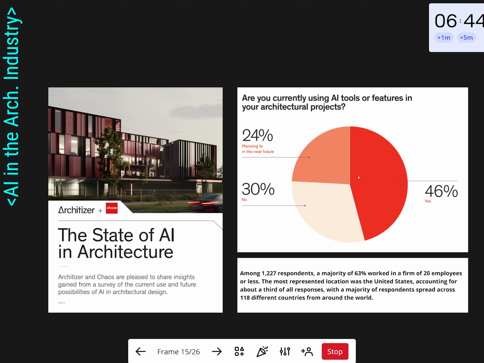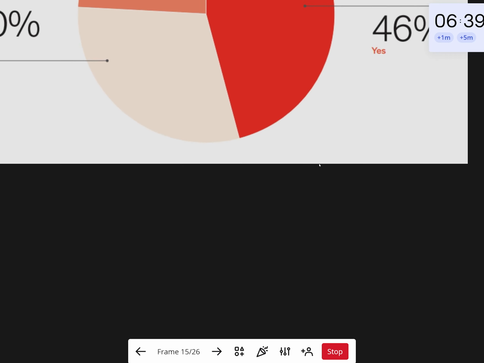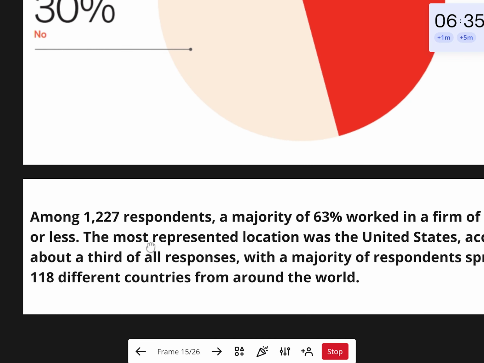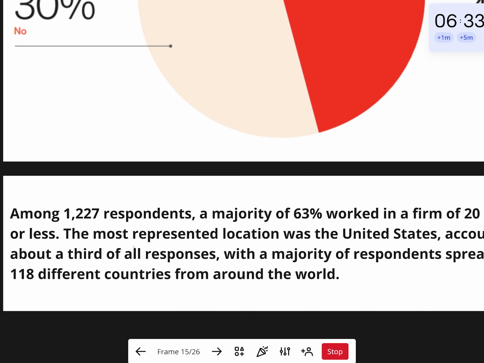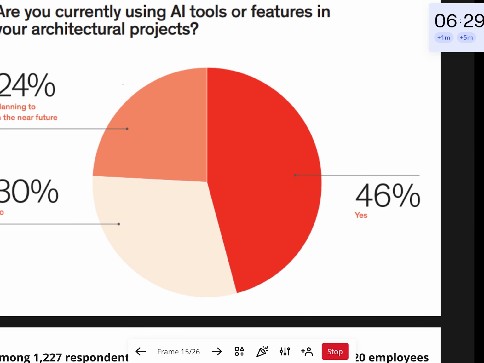This study was asking 1,000 respondents, the majority of them in the US, are you currently using AI in your workplace? Pretty much half of them said yes.